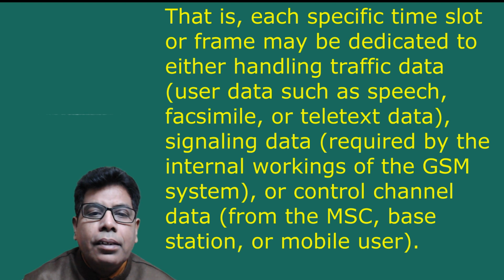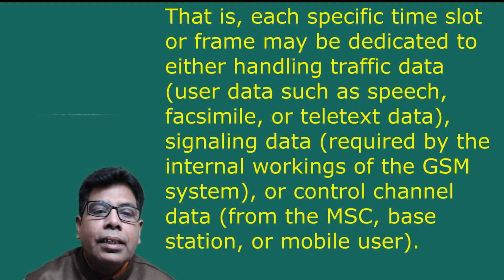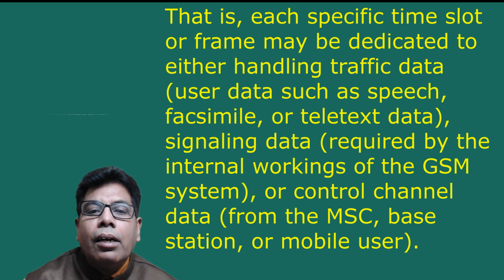So the traffic data, that is the user data such as speech or teletext data, and signaling data is required by the internal working of the GSM system, and the control channel data is from the mobile switching center or base station or mobile user.